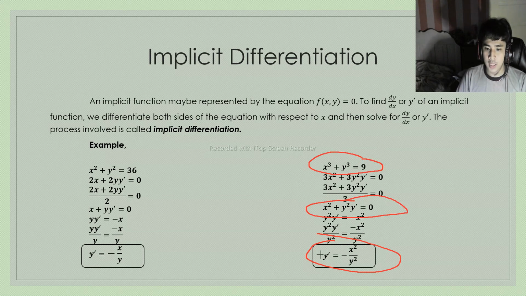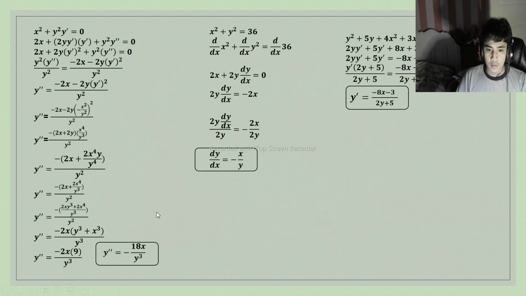Especially this one and this one. Yan yung mga kailangan natin kung sakaling may palabas natin yung equation na to and yung term na to. So, dito na tayo. Yan. So, gagawin ulit natin.